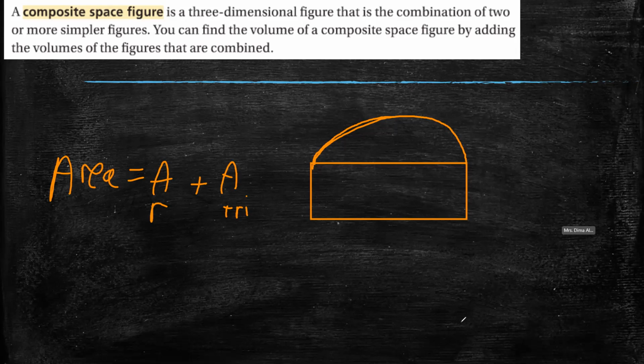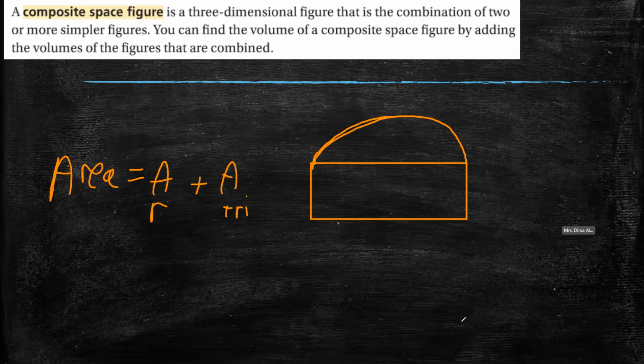Also, we can combine two figures. A composite figure, a space figure, is a three-dimensional figure that is the combination of two or more simpler figures.